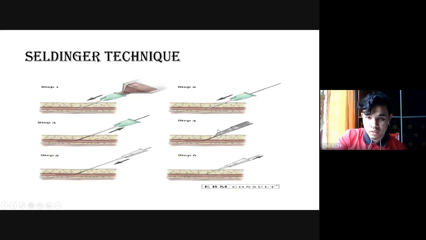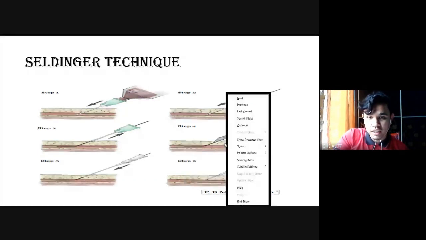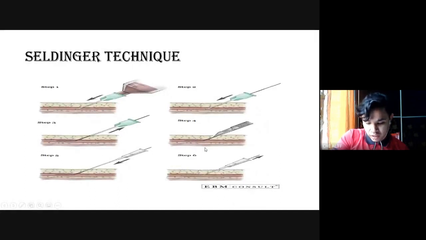Then we put the dilator in to dilate the incision and to dilate the tract. After the tract is dilated enough to pass the central catheter, we put in the central catheter.